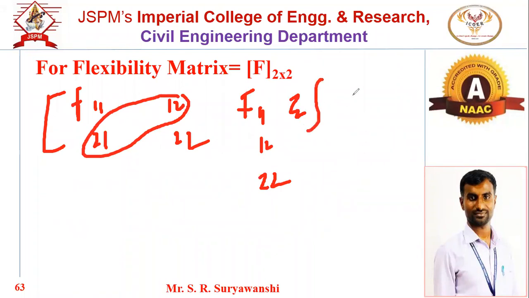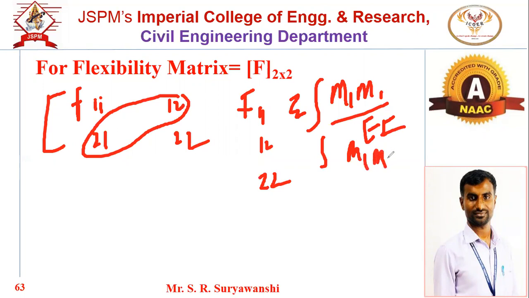Summation integration m1 into m1, or we can say m1 square divided by EI. For 11, integration m1 into m1. For 12, integration m1 into m2. समजते का बघा. For 22, integration m2 into m2, means you can say m2 square.